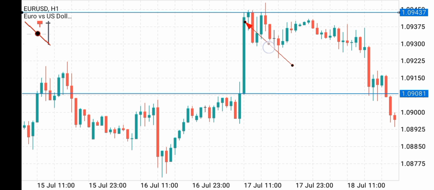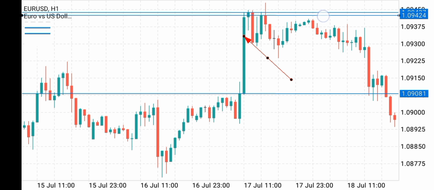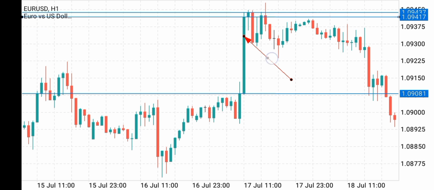That is where the buyers were able to close the price at the end of the 1 hour. So basically, this is the open, this is the body, this is the close, and this thin line you are seeing right here is called the shadow.